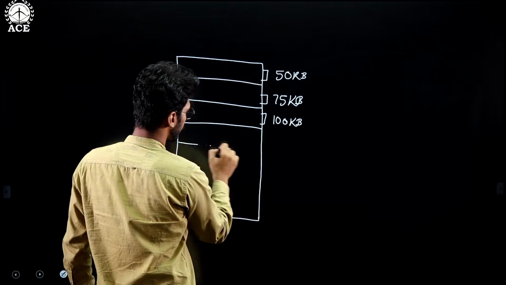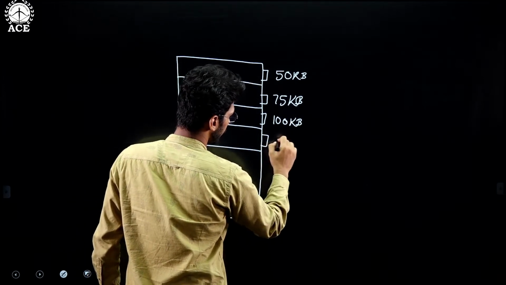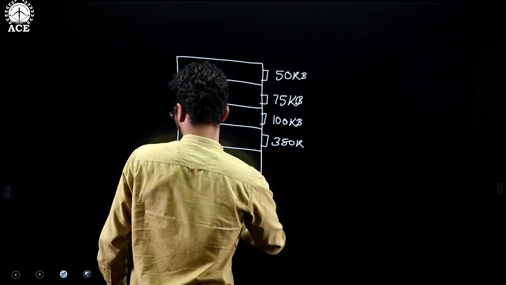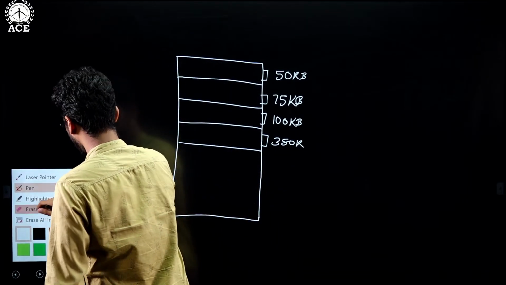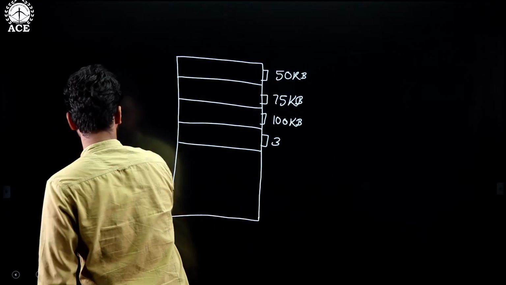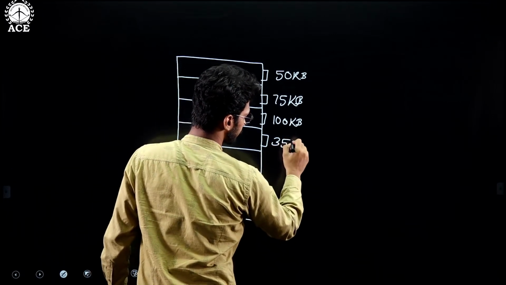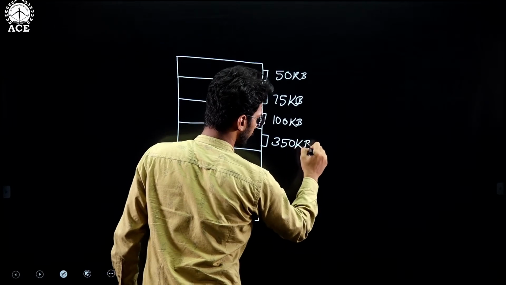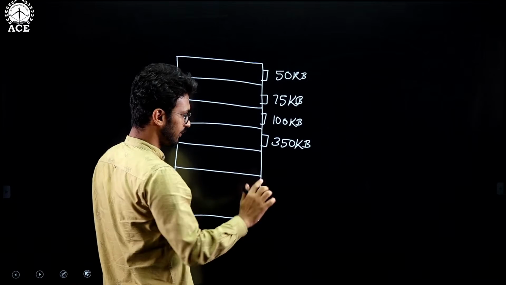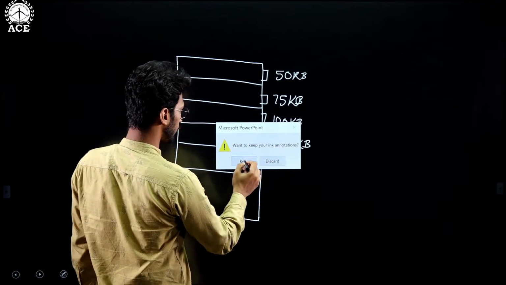Next one, 350 KB. I'm just drawing a fixed number of partitions. That's it. Very easy. Just I need to keep.